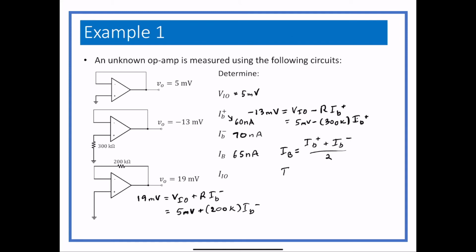And then IIO is just the magnitude of the difference between them, so we don't care about signs. The difference between them is 10 nanoamps. If you were to find a data sheet, it would give you IB and it would give you IIO, but it would not give you the individual values, but it would give you an idea of how that worked.